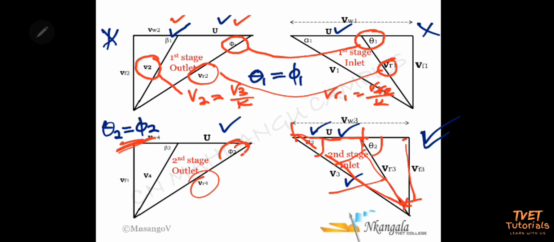So it's always important to make sure you analyze the data, make sure you don't confuse your inlets, outlets, stage 1, stage 2, and the different velocities, VR, VFs, and absolute velocities. You don't confuse your inlet and outlet angles. You don't confuse your angle of the steam versus the angle of the blades.